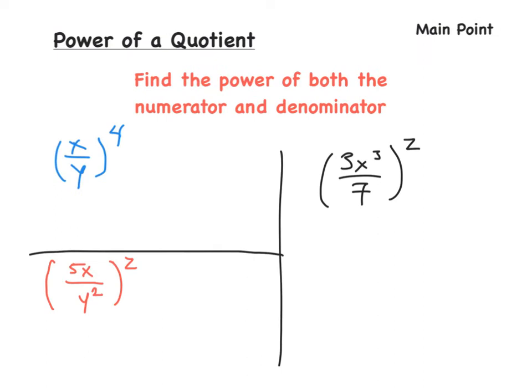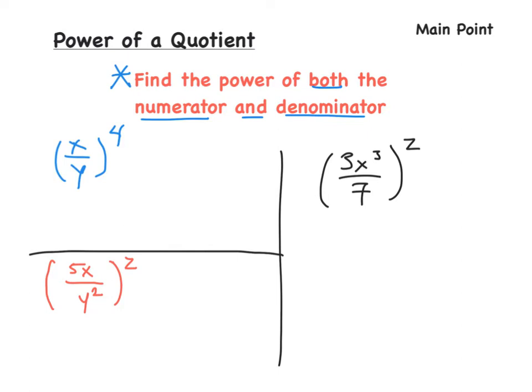Now if we have the power of a quotient, so if we have a quotient and a power that's going to it, all we have to do is find the power of both the numerator and the denominator. So I'm going to do the first two, and then you're going to do the third one off to the right.